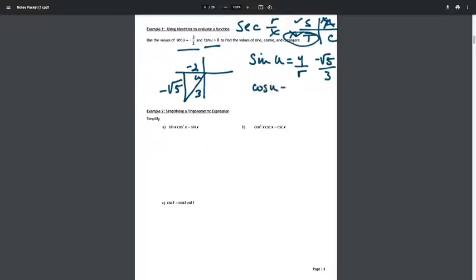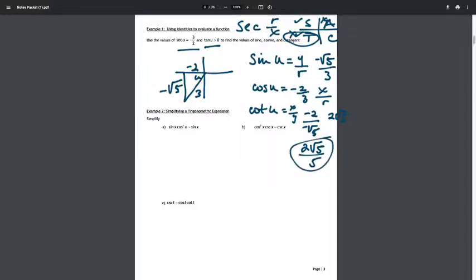Cosine of u will be a negative 2 over 3 because it was x over r. And then cotangent of u, which is x over y, will be a negative 2 over negative square root of 5, which simplifies to be 2 square root of 5 over 5.